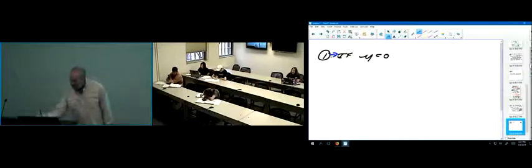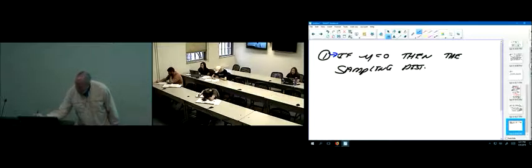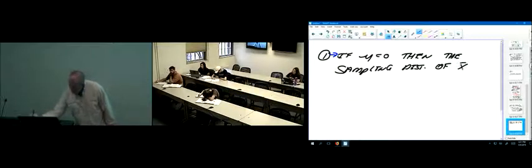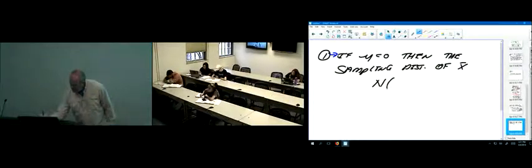Then what I know is the sampling distribution that we have looked at before of your sample mean, of your sample statistic, x bar, is going to be normal. Why? The second condition says the population distribution is normal. That sampling distribution is going to be normal. It's going to be centered. I'm going to write it down like this first.